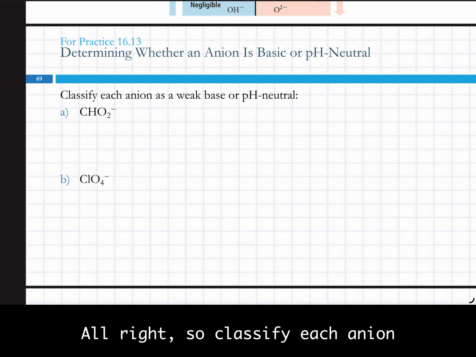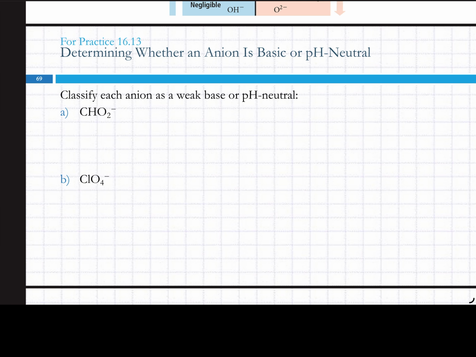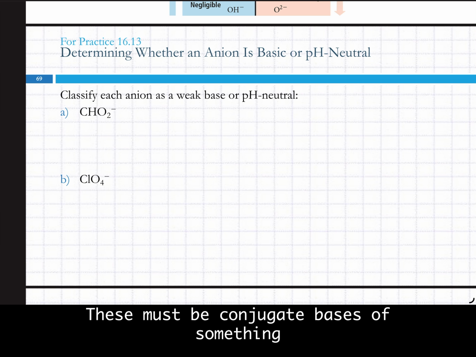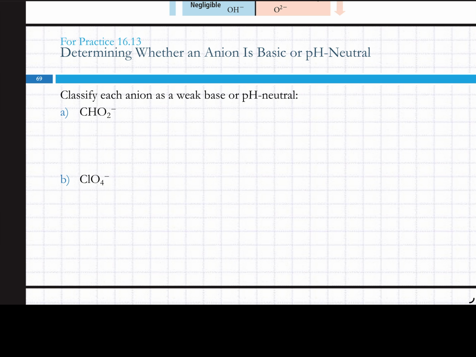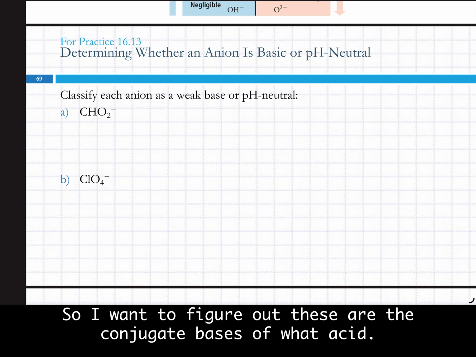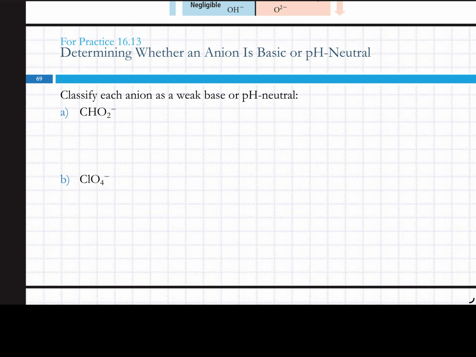All right, so classify each anion as a weak base or as pH neutral. So what do we need? What do we do? These must be conjugate bases of something. So I want to figure out, these are the conjugate bases of what acid?